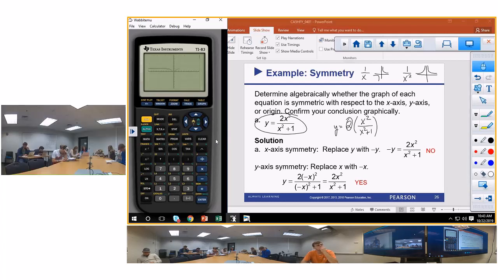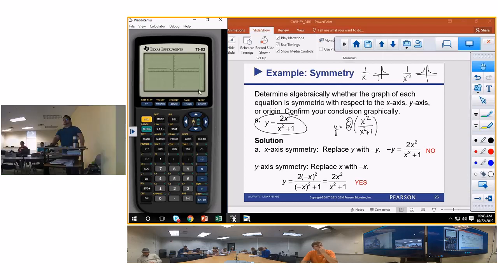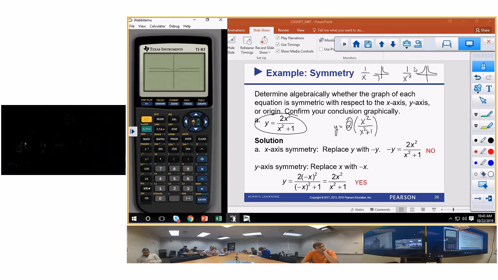And see, it does it a little bit different because it's 2x squared over x squared plus 1. You see the volcano, but in this case it's going down a little bit, and you need to zoom in maybe, because you've got x squared over x squared.